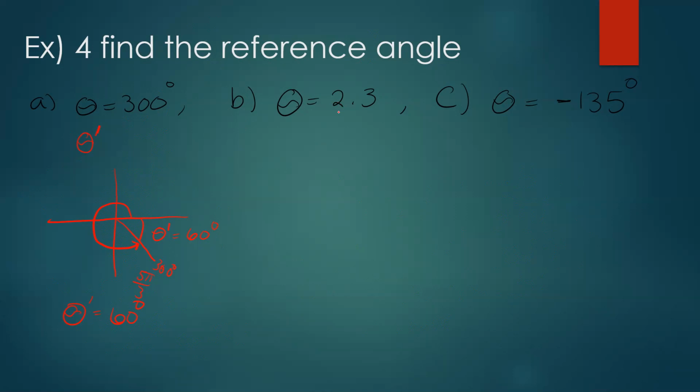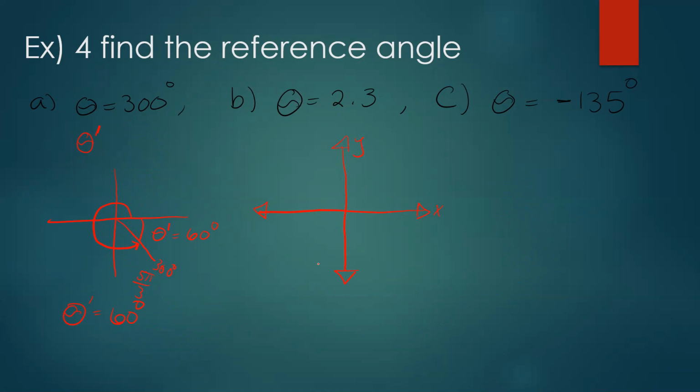Now, B is 2.3, a very small angle. So let's see here. What is 2.3? Theta is 2.3.